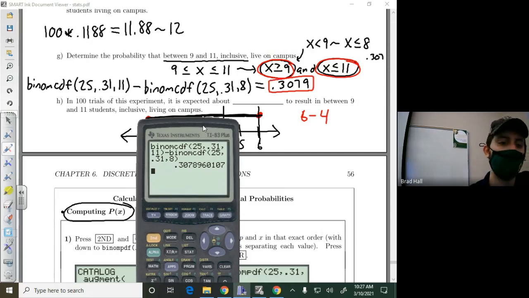Again, notice how we're breaking down the compound inequality into two separate inequalities. One of the inequalities is pretty simple. We can plug that in directly, as we did over here. But the reason why we're subtracting by the second inequality is because we did the opposite.